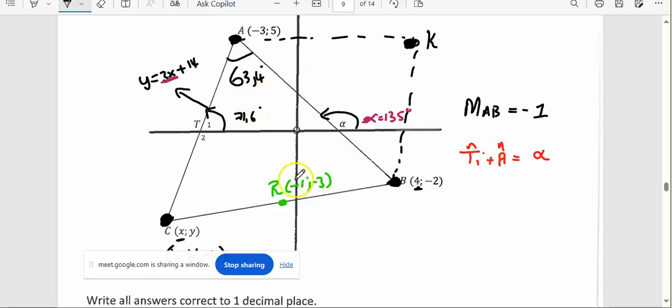So the best way to do this, we can say that this R, you see this R, it's also the midpoint of AK. I'm not sure if you'll understand me when I say this R is also the midpoint of AK.